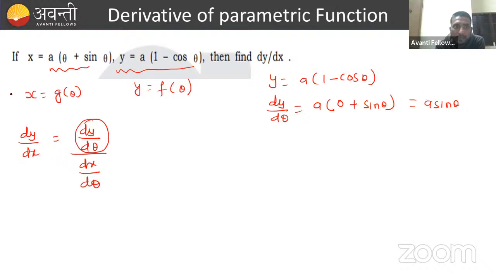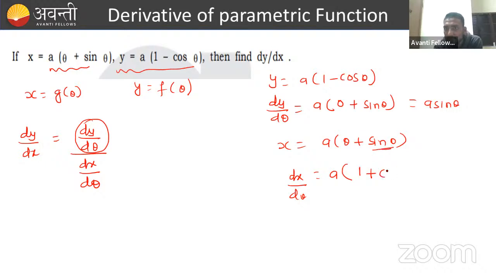Okay. Similarly, x we know. x is what? a into theta plus sine theta. So if I take a because it is a constant, and find dx by d theta, theta d theta by d theta is 1, and plus sine theta derivative is cos theta.